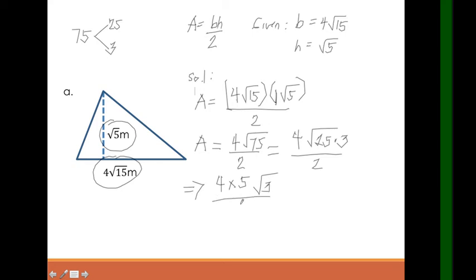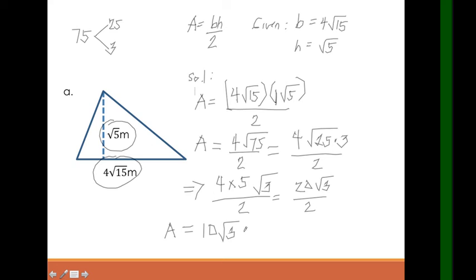And then we have 2. So, 4 times 5 is 20, square root of 3 over 2. And finally, the area is 20 divided by 2, that's 10. So that's 10 square root of 3.